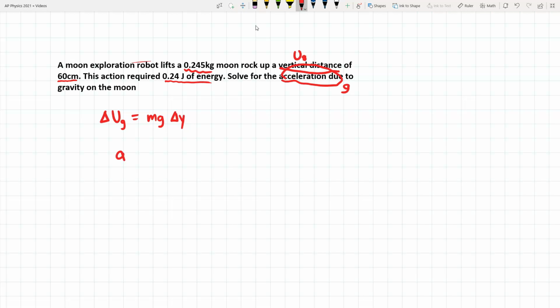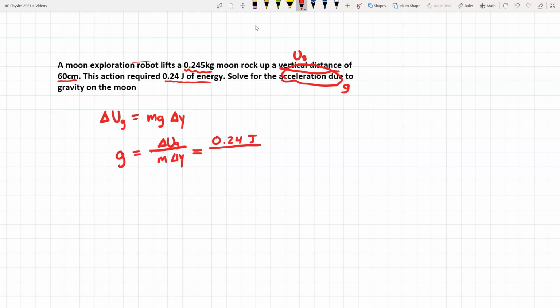If I rearrange these variables, I get g is equal to the change in gravitational potential energy divided by m delta y. And now I just need to plug in my values. I know the change in gravitational energy was the amount of energy that it took, 0.24 joules.